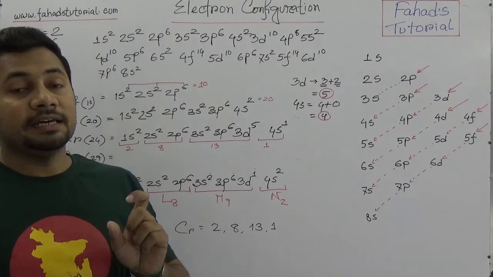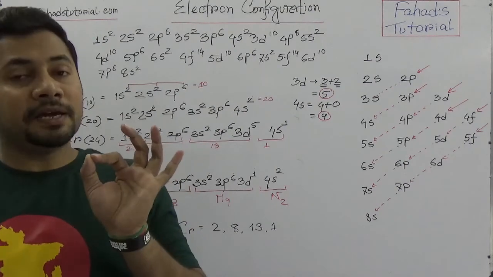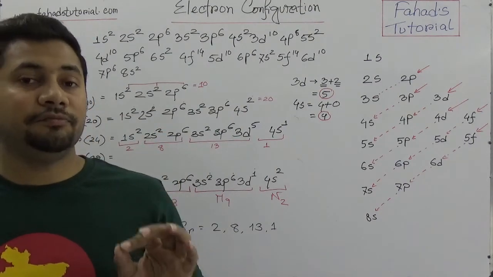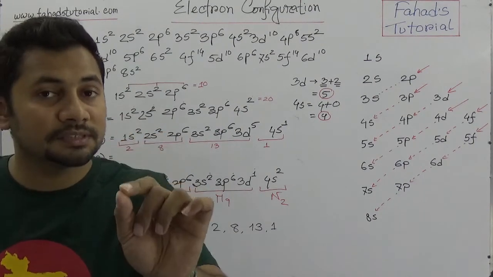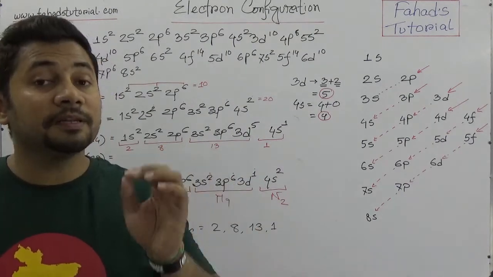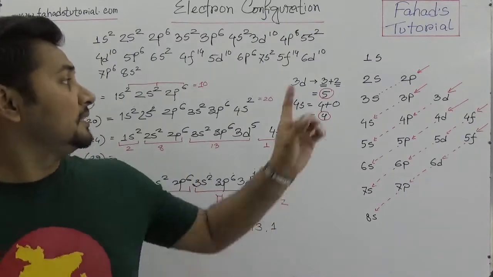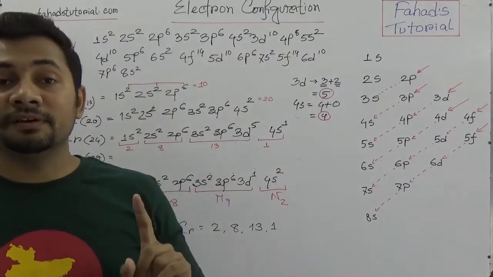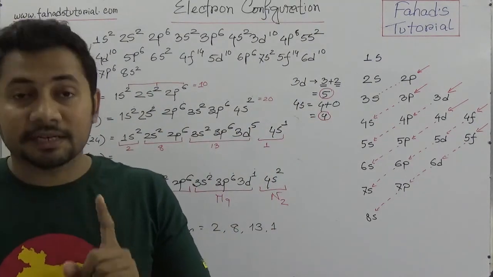And that is why electron configuration is the basic study of chemistry. Those who are studying right now in English versions and even O levels, please give emphasis here to understand electron configurations correctly.